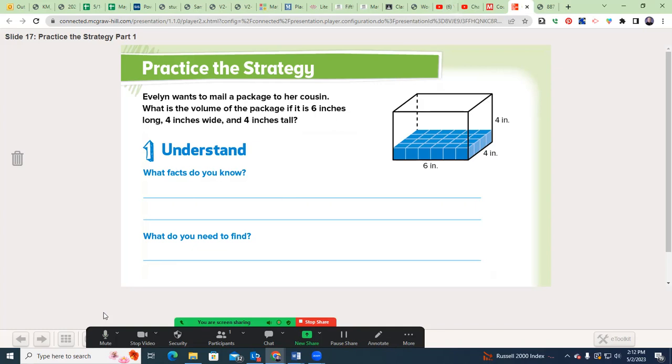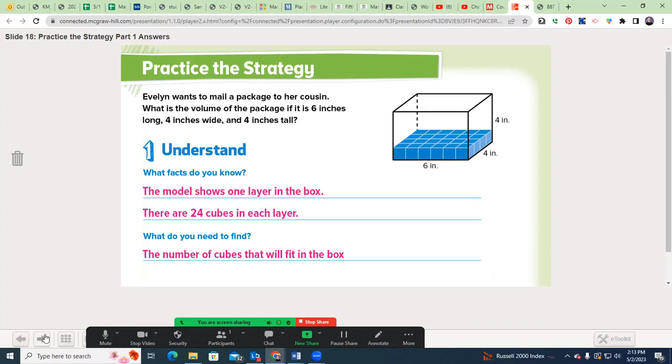What do we need to find out? The volume if there are 4 layers, or you could just say how many blocks are in 4 layers. These are a little more wordy, so you may have to pause the video and then unpause it as you go.